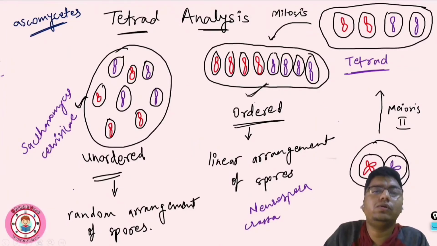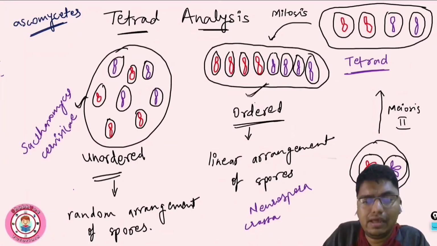Got it? So these are the two examples. Ordered is linear arrangement, unordered is random arrangement. Random arrangement is seen in Saccharomyces, and ordered arrangement is seen in Neurospora. Basically these are used for the study of genetic maps, to measure the distance between the centromere and a gene.